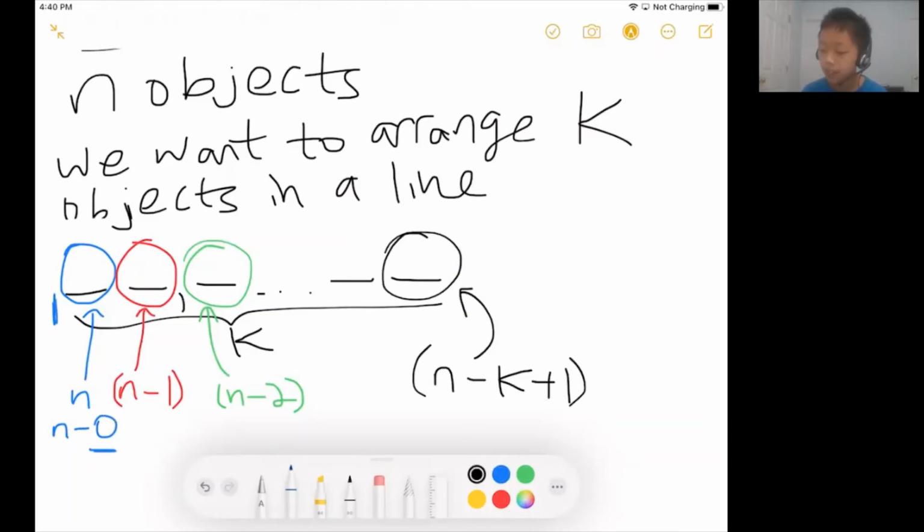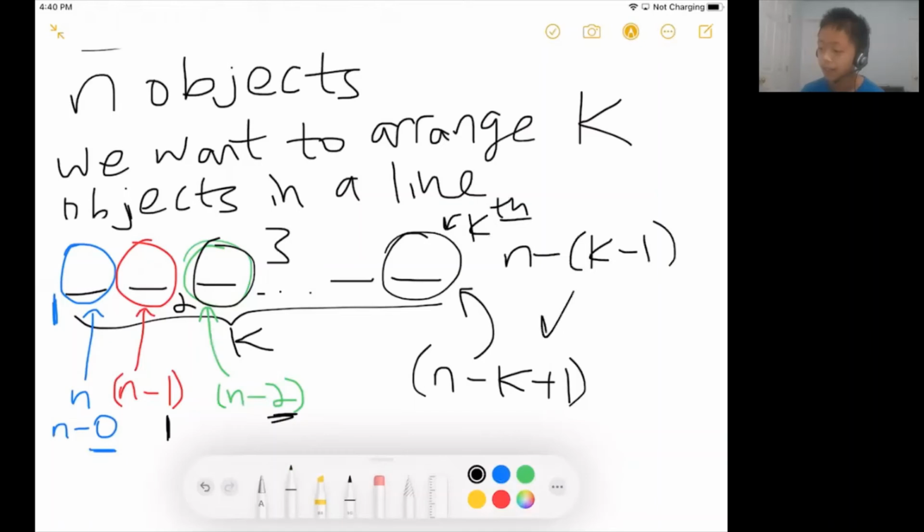This is for the second position, we're doing n minus 1. This is for the third position, and we're doing n minus 2. So if we're doing the kth position, then we would want n minus (k minus 1), which is the same as n minus k plus 1. So hopefully that made sense, why it's going to be n minus k plus 1 as opposed to something like n minus k.